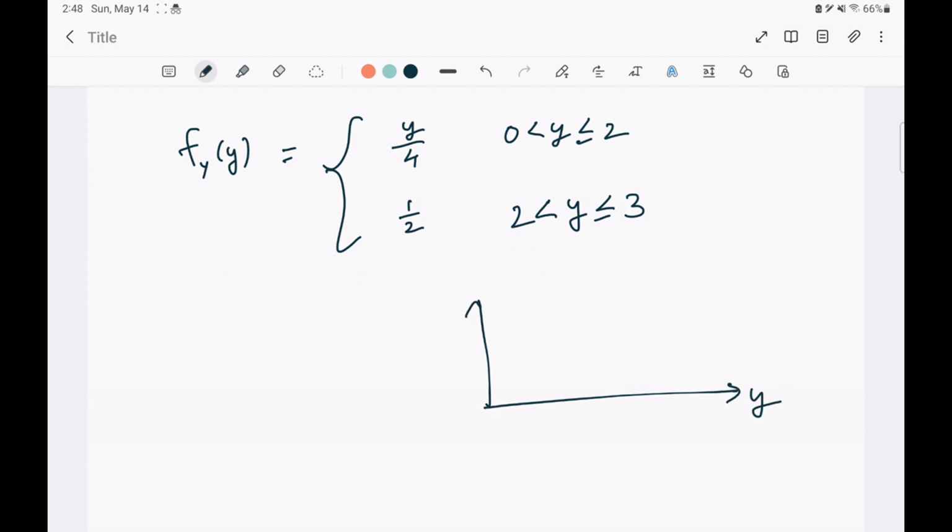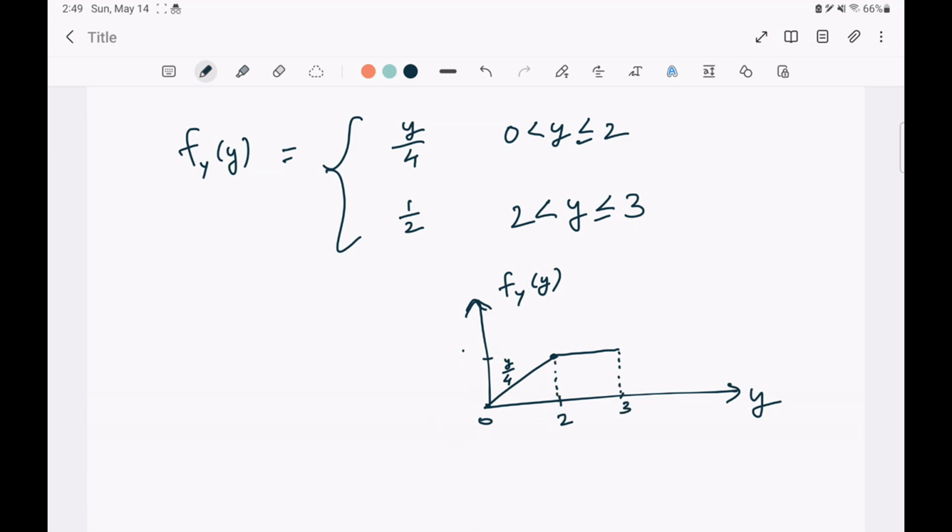So this is small y, this is the probability density function of y, where it increases linearly from 0 to 2 with the slope of 1 by 4, and then it stays constant till the value of 3.